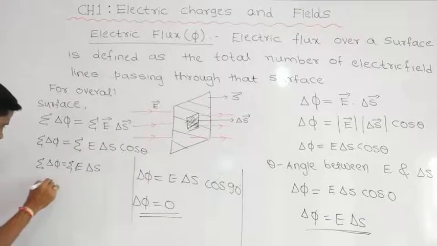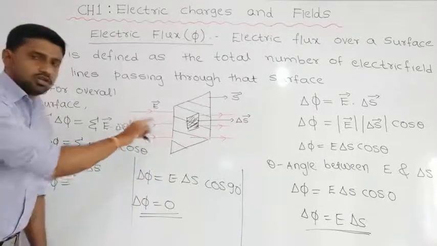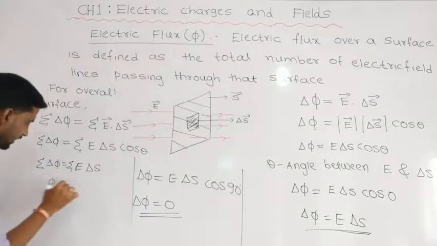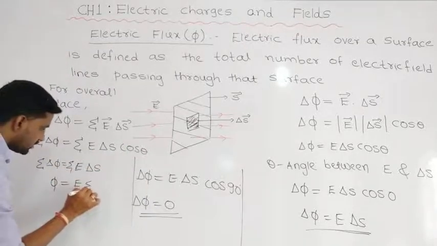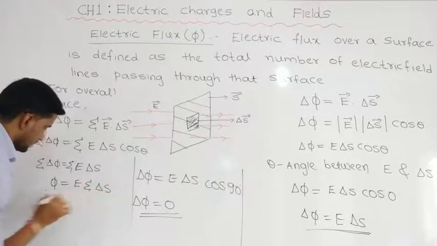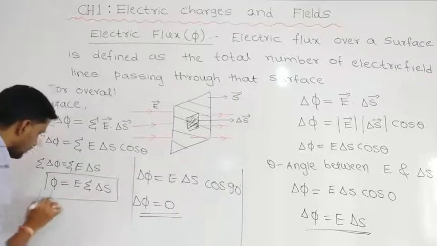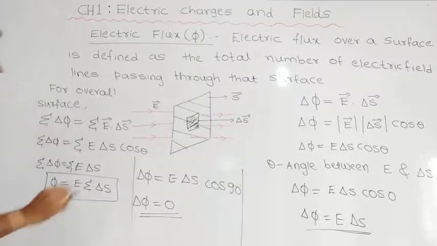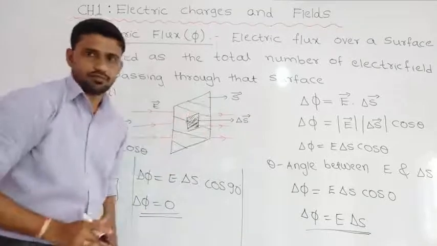We know that the electric field is constant here, that's why I am taking it out and taking the summation of delta S.